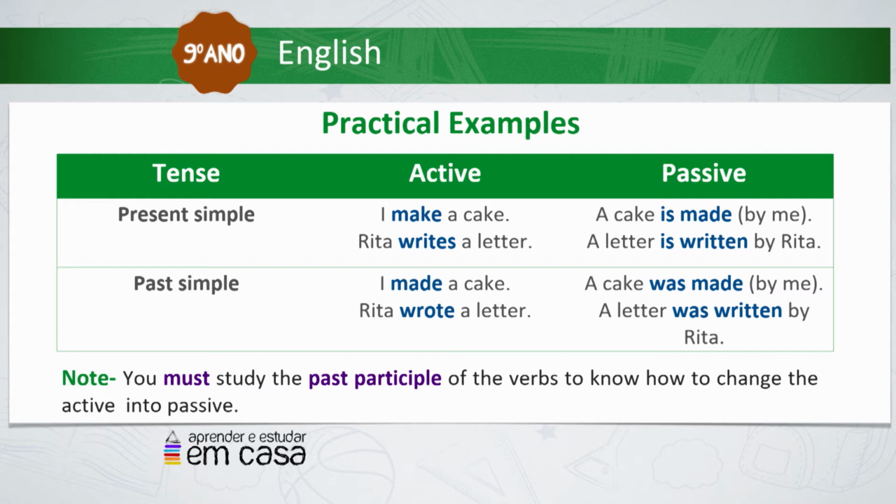Now, when we go to the passive, what happens is the same thing. We change. The object, a letter, comes to the beginning, was written is still the verb, and by Rita is now the object. So we switched the places of the object and the subject.